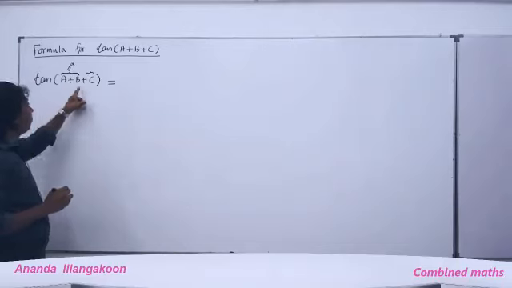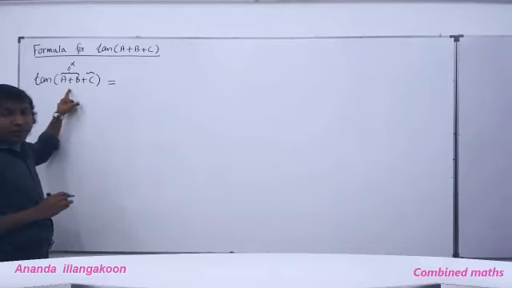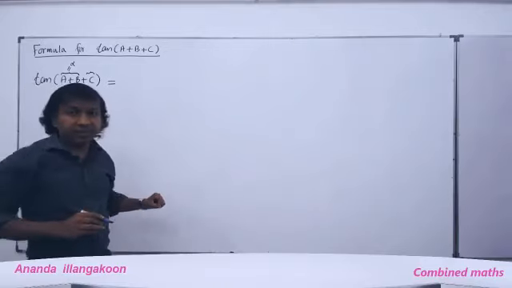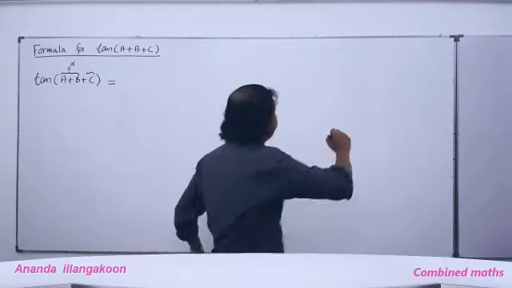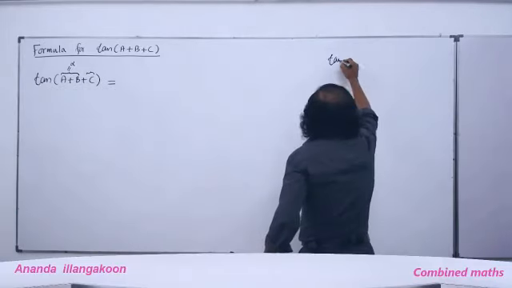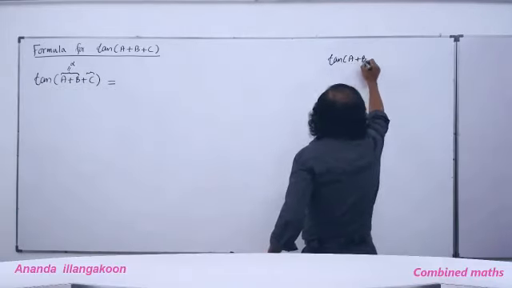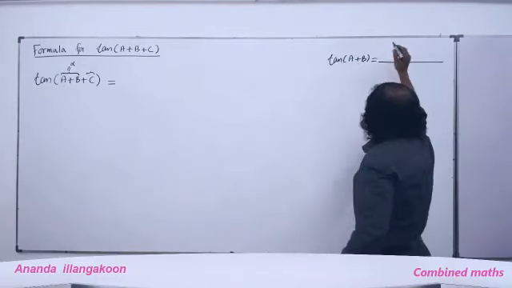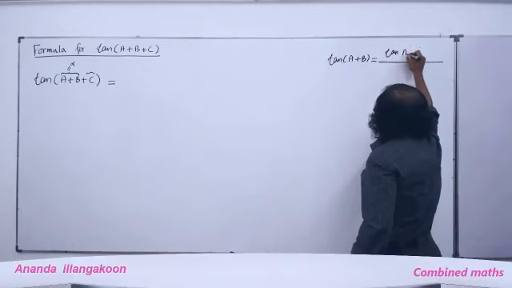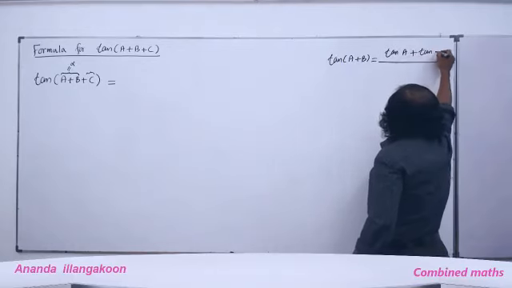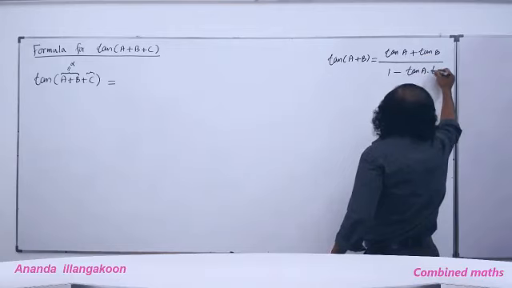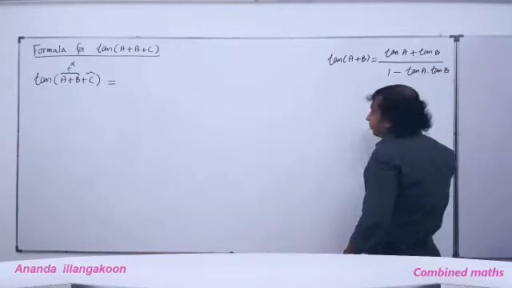Then within the bracket we have the sum of two angles with tan. It's like tan(A plus B). Formula number 5, no? What is tan(A plus B)? Tan A plus tan B divided by 1 minus tan A tan B.